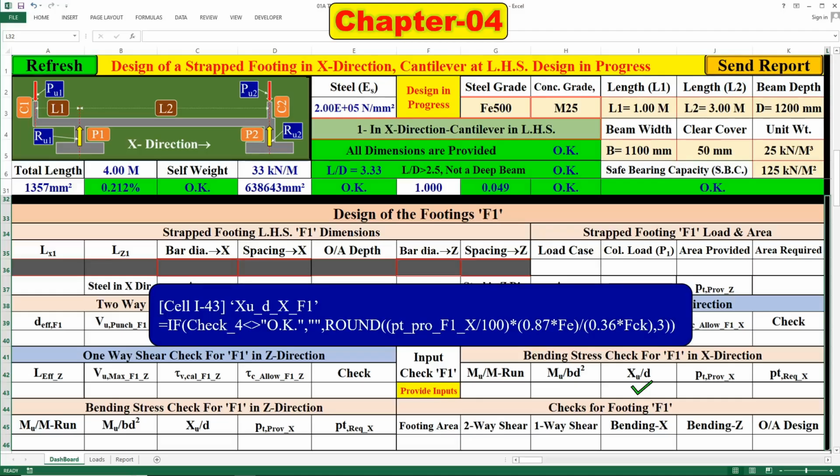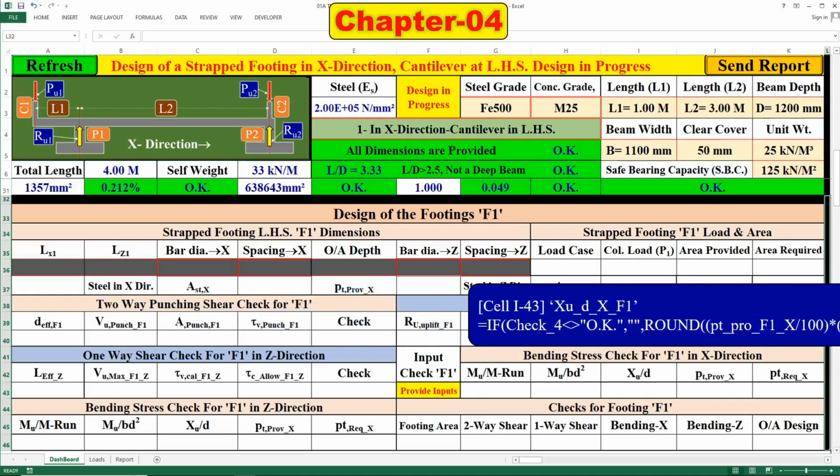Otherwise, Excel will calculate the value by taking PT_PRO_F1_X divided by 100, multiplied by 0.87 times FE, with the whole term divided by 0.36 times FCK. After calculating this value, Excel rounds it up to 3 decimal places.